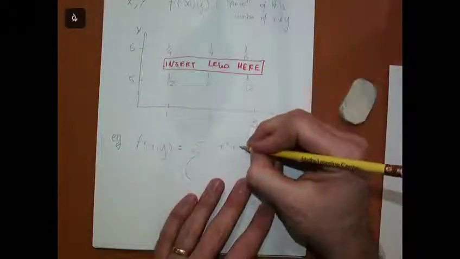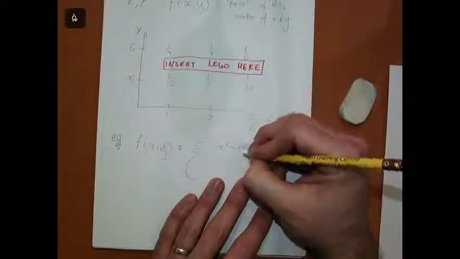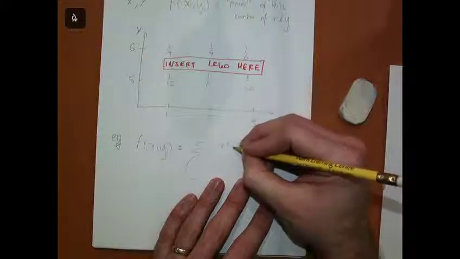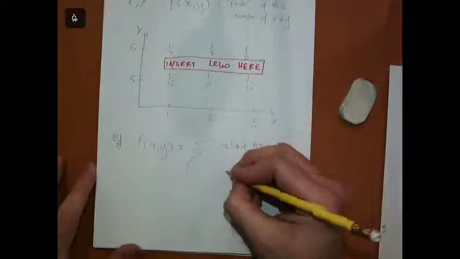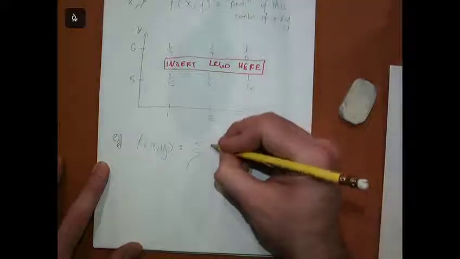Maybe x squared plus xy. Yeah, let's do that one. Got to have a y in there. And 0 otherwise. Only it's not going to be that, it's going to be some multiple c of that, because the volume that represents might not be 1, so I'm going to have to adjust it so it is 1.